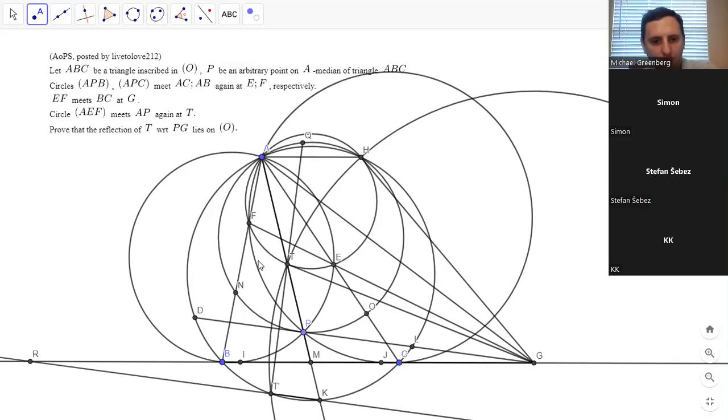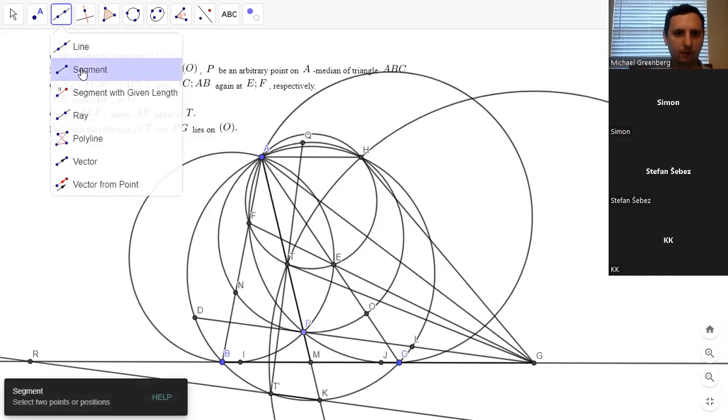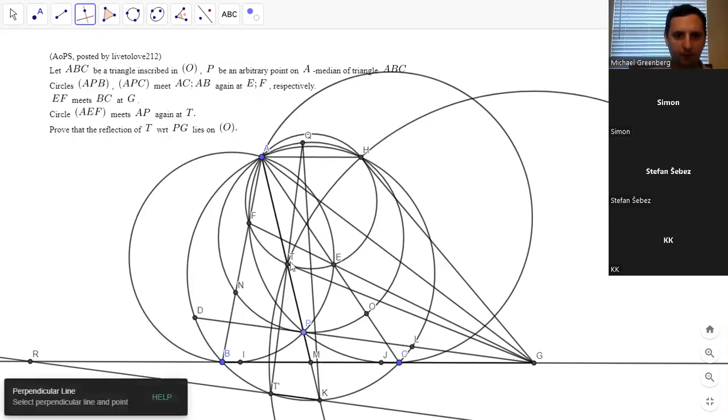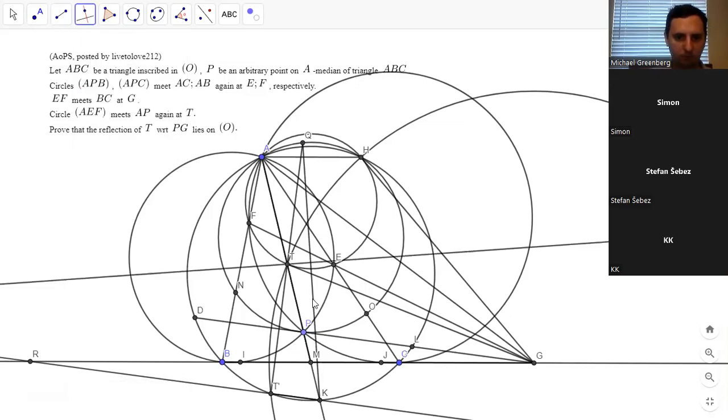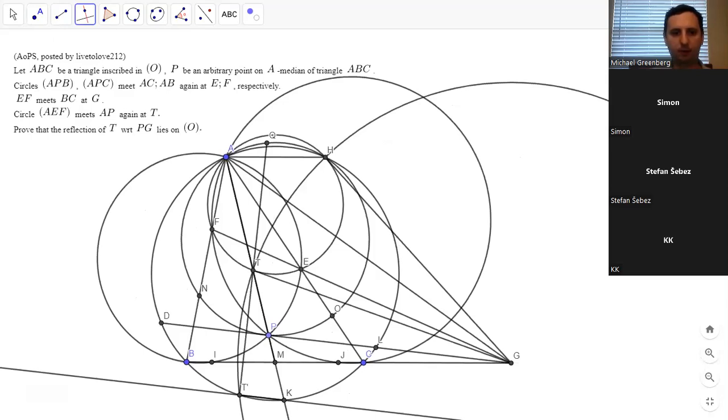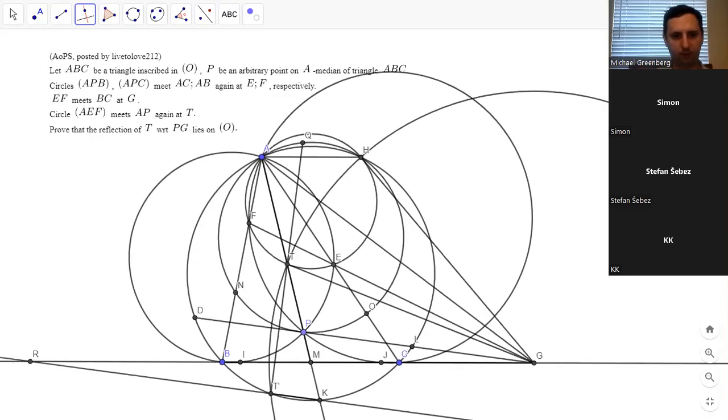Maybe we have like an orthocenter or something. I don't think so. Yeah, I'm not sure what to do at that point. Actually, let me check. Like maybe we have some cyclic quad.